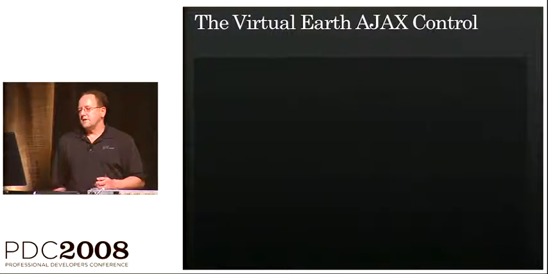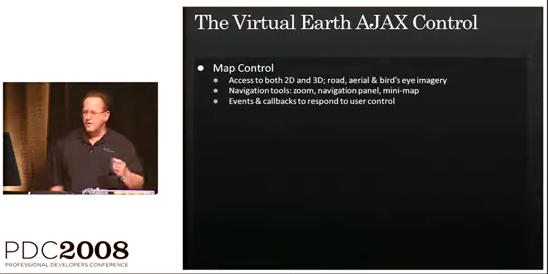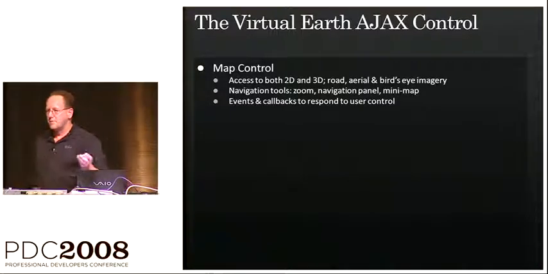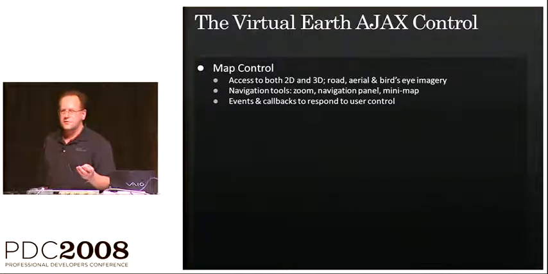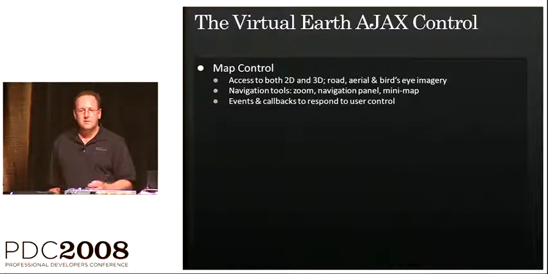So we'll do a little bit of just a high level of the Virtual Earth AJAX control. And for most of you here, I think a lot of this is very obvious or well known to you. But I just want to kind of cover off on each of the things within the map control itself. So to begin with, of course, the hostable map control itself that provides access to all of our 2D data, such as the road and aerial imagery that you see within Virtual Earth, and then, of course, our 3D data as well.